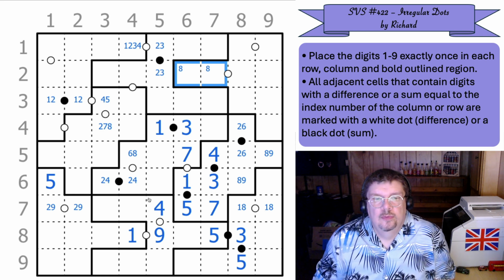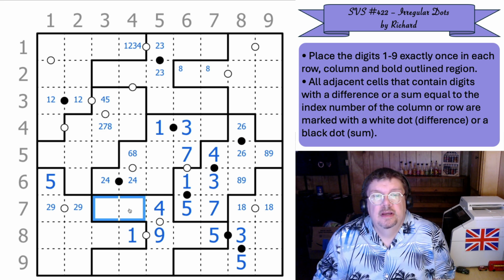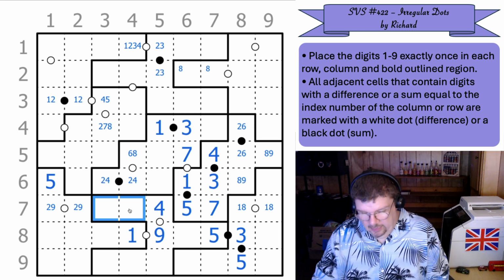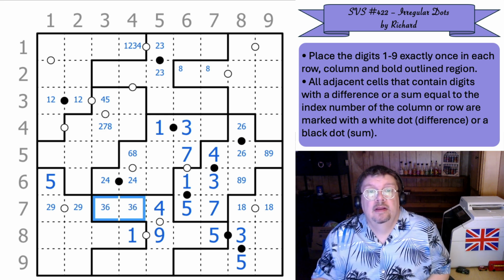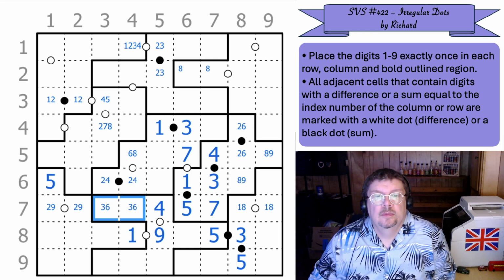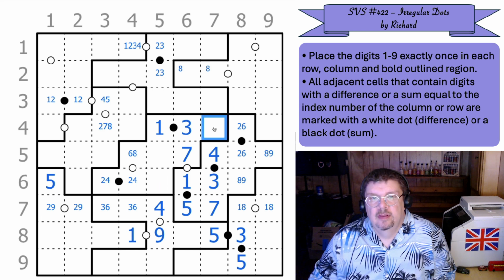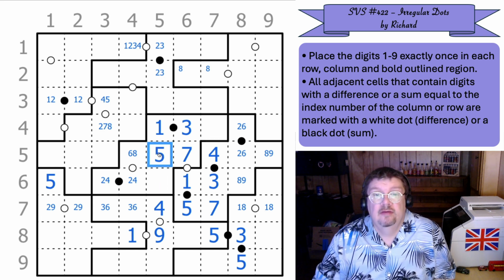There must be some more Sudoku I can do. Yes, these two digits are 6 and 3 between them. I don't know the order they go in yet. We did have a lot of 5s. In fact, that can't be 5 and that can't be 5, so that's a 5.